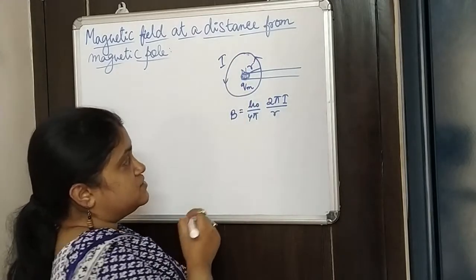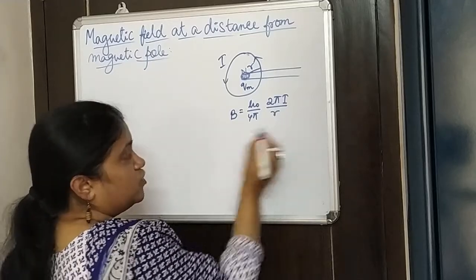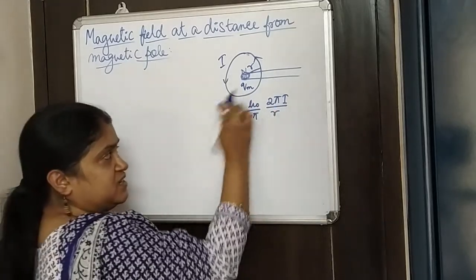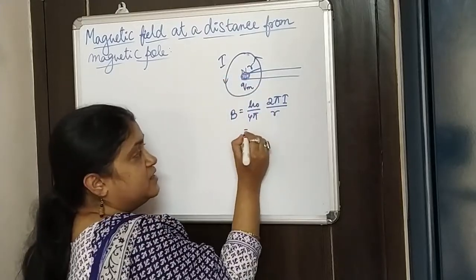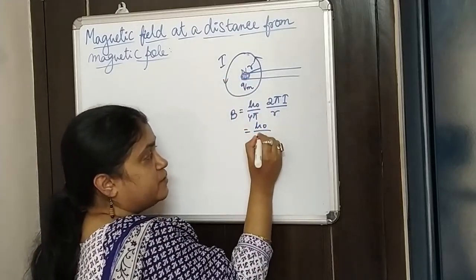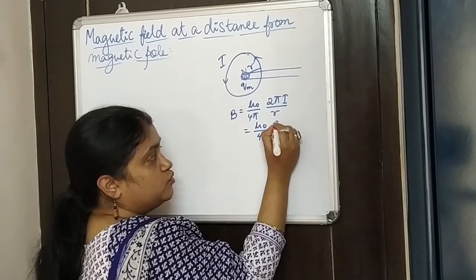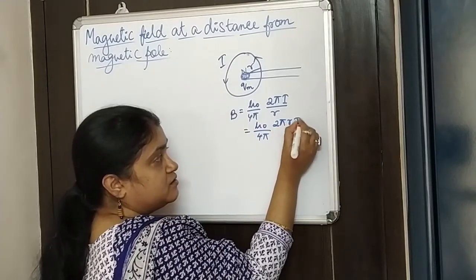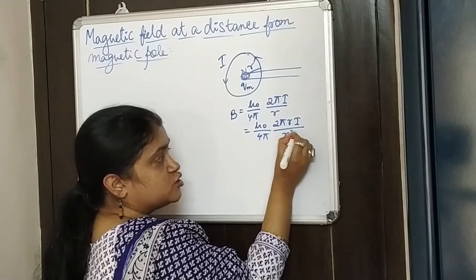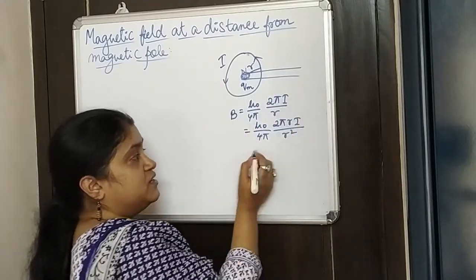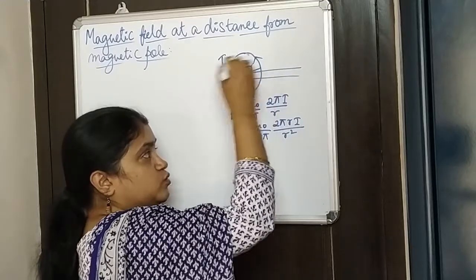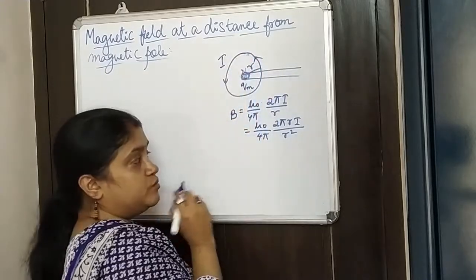Before introducing that, we will make a little change in this magnetic field. We can write it as mu naught by 4 pi into 2 pi r I by r square, multiplying and dividing by r. Now this is a current carrying loop.